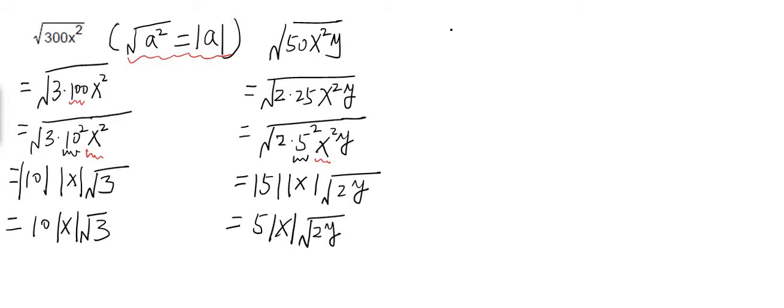Now let's take a look at the last example: the square root of 6 x squared y squared. How do we simplify this? Very similar strategy. The first thing we check is the constant 6, because 6 can be written as 2 times 3.